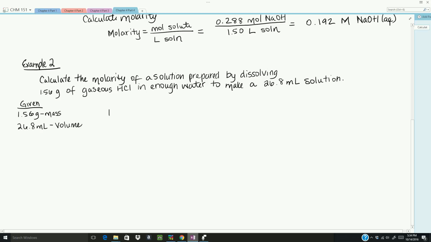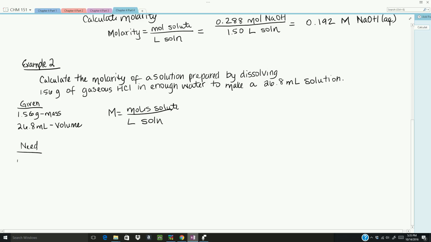Remember our formula for molarity is moles of solute over liters of solution. So here we're going to need a couple of different things.